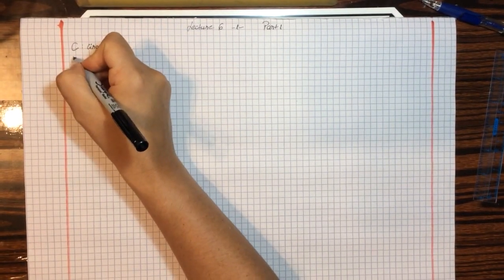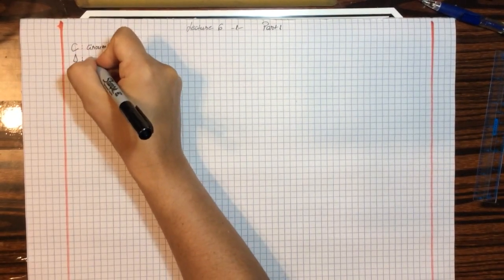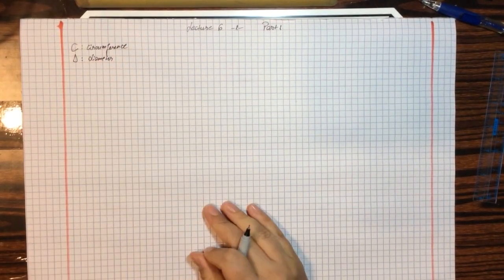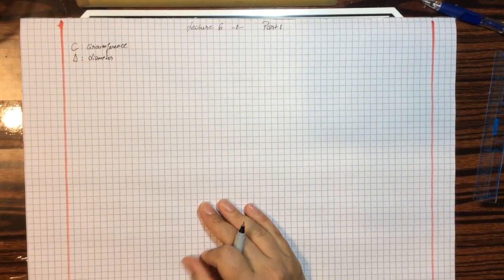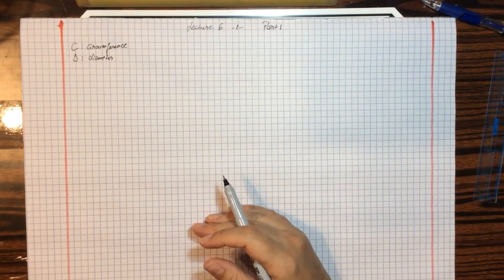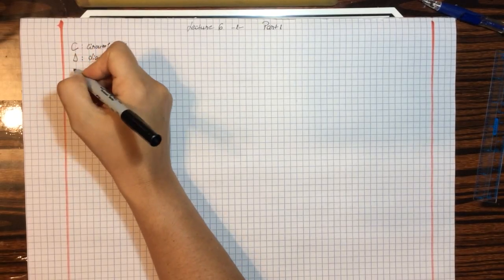And by the letter D, we shall denote the diameter of a circle.